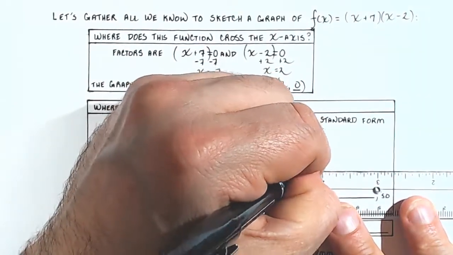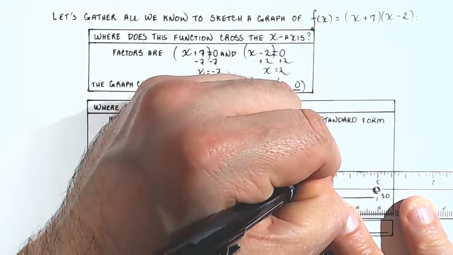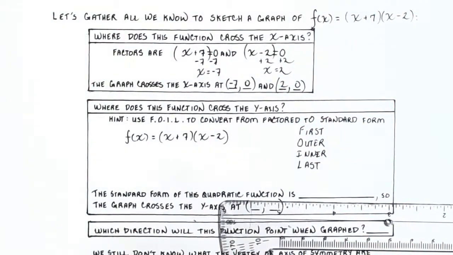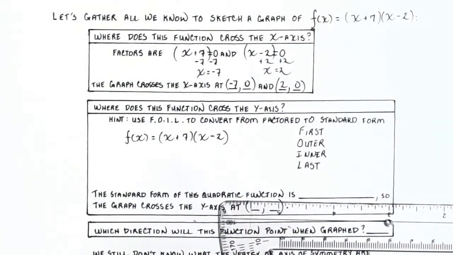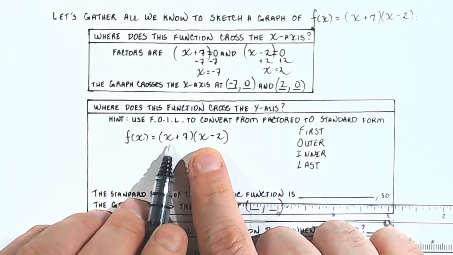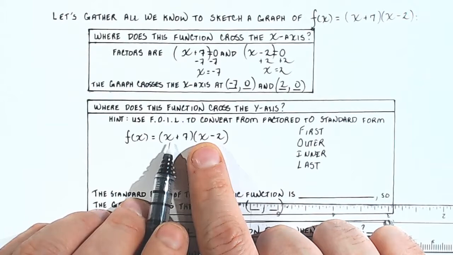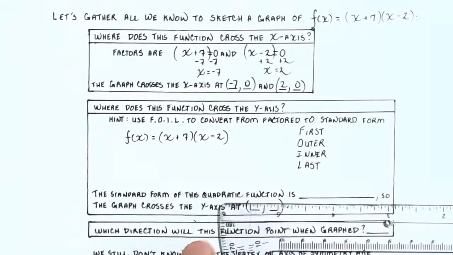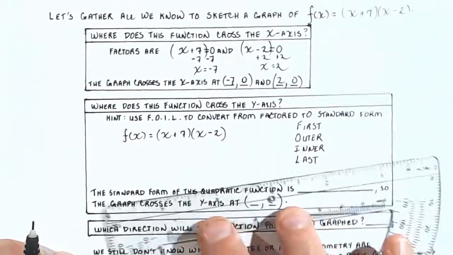Make sure you write this down so you don't forget. FOIL, first, outer, inner, last. What it means is we're going to multiply the first two terms of each of these factors together, x times x, right? So that would be x squared.